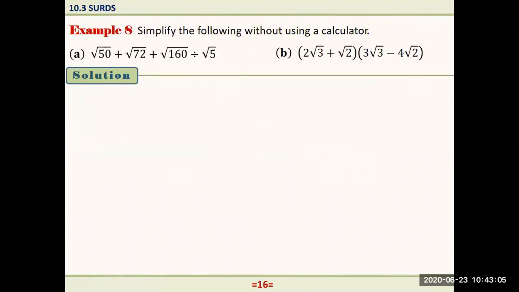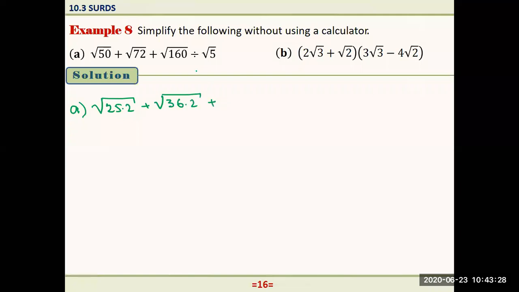We have two examples about surds. Simplify the following without using a calculator. Okay, so A, how do you simplify this? The first one, this 50, I can write it as square root of 25 times 2, right? Plus, how about this 72? We can write it as 36 times 2.